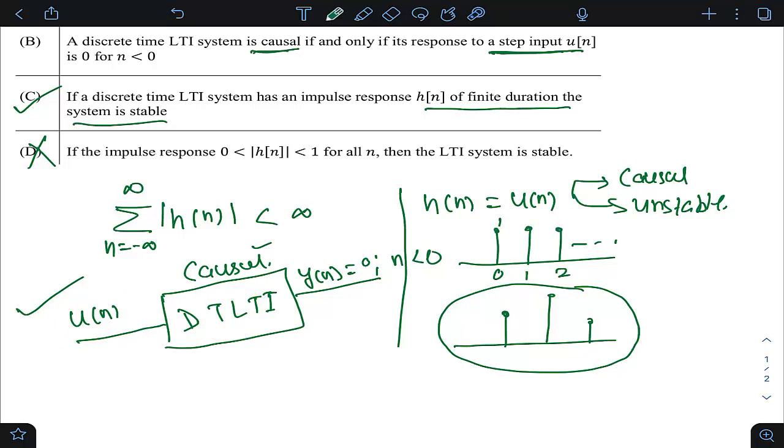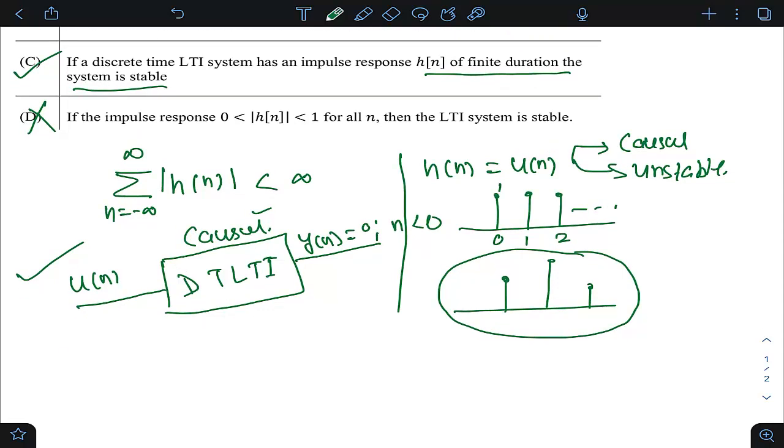So if y of n is 0 for n less than 0, this system must have the impulse response 0 for n less than 0. In other words, u of n starts from n equal to 0, 1, 2 like this.